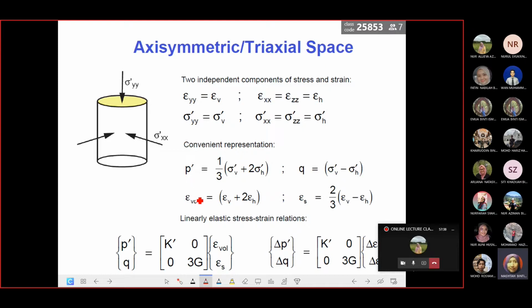At this part we can also measure volumetric strain and shearing strain. And the linear elastic stress-strain relations from the coordinates P prime and Q can be connected with these equations. Meaning you have the bulk modulus K, and then you have the shear modulus G.